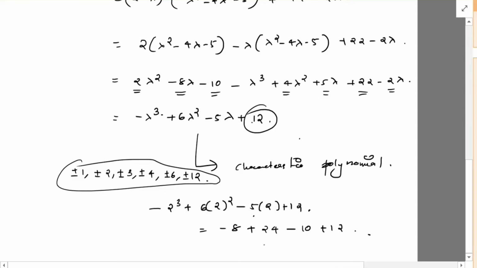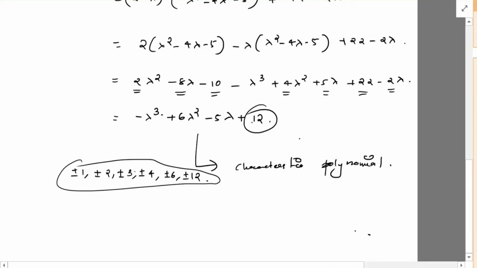Is it 0? No, it is not 0. So we will move on to the next divisor, minus 2.